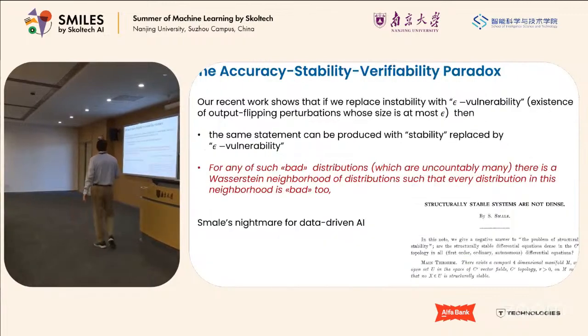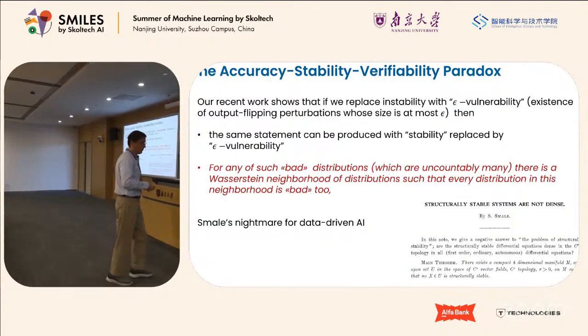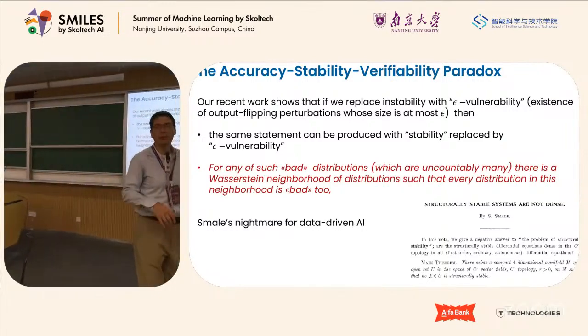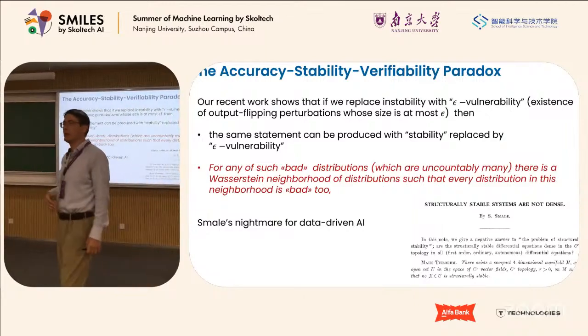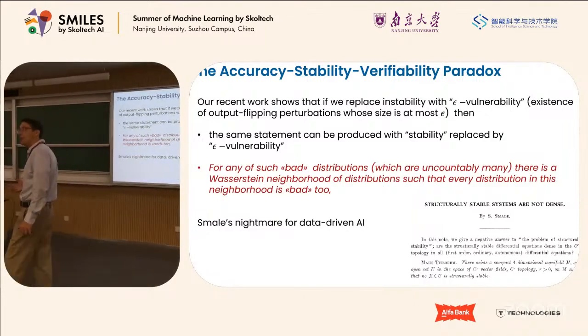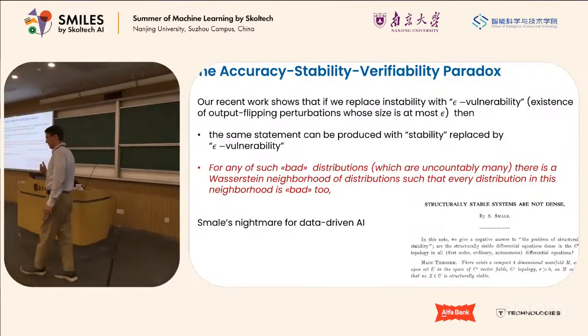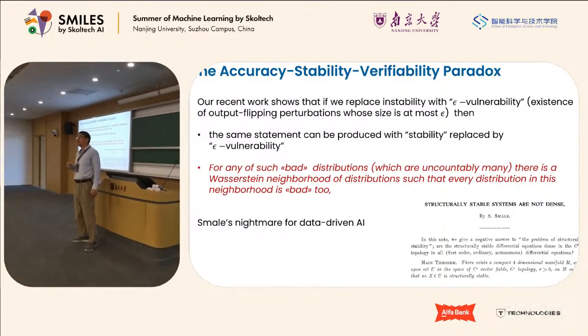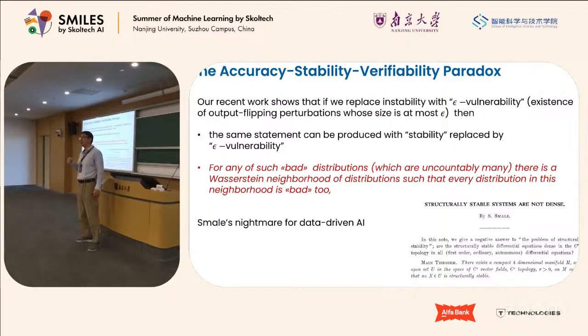Now, you may say, look, I said uncountably many distributions exist, etc. And you can say, well, we know that this doesn't mean much because it doesn't tell you whether these distributions are numerous or not. But the interesting thing, which we have proven just recently, and I'm not going to go into much detail, I just want to declare this.